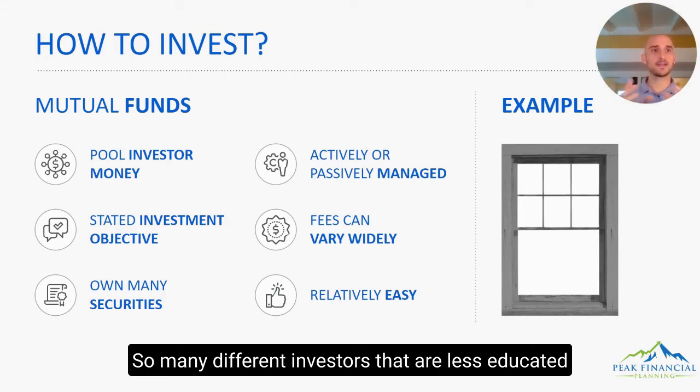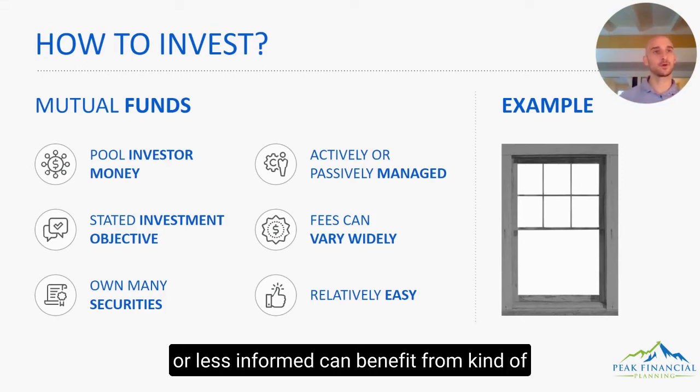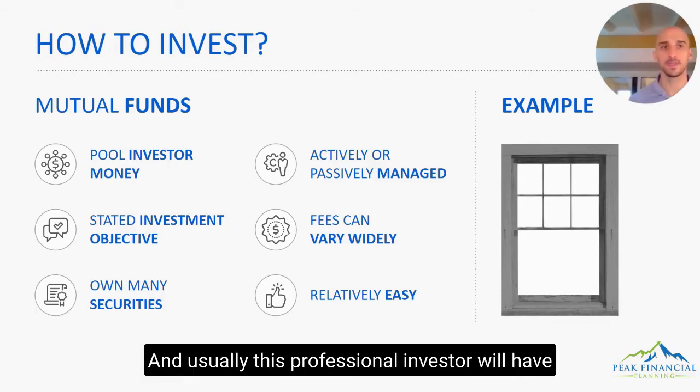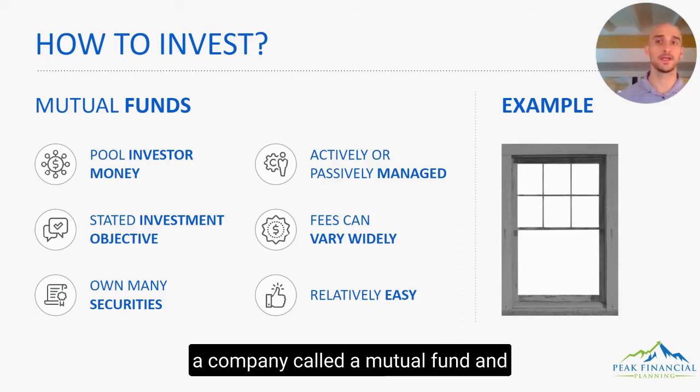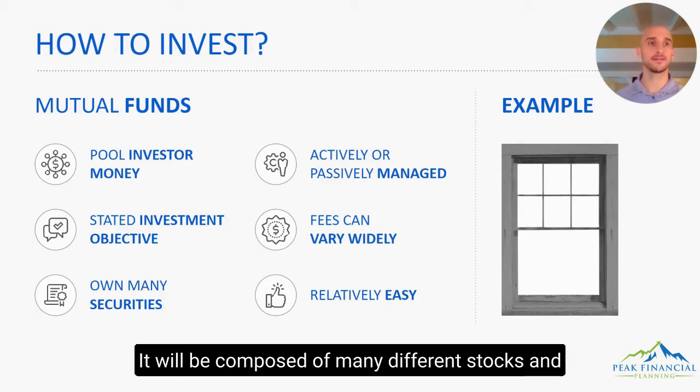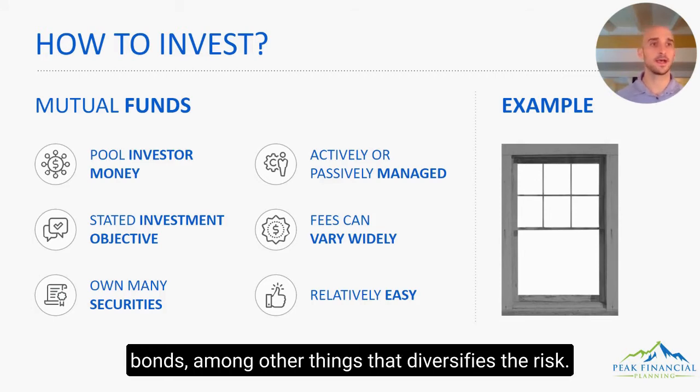So many different investors that are less educated or less informed can benefit from attaching themselves to this professional investor. And usually this professional investor will have a company called a mutual fund, and they'll have a stated investment objective. It'll be composed of many different stocks and bonds, among other things, that diversifies the risk.